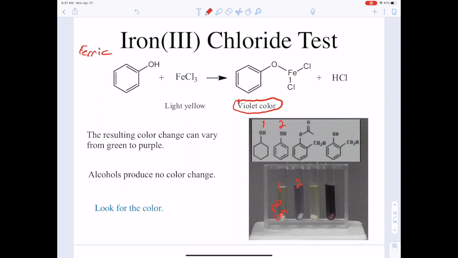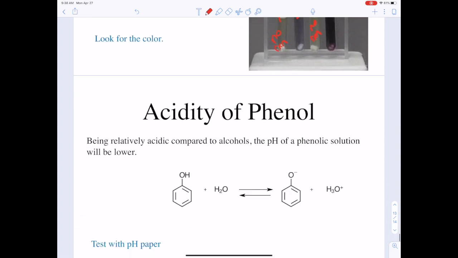It's become bluish, violet kind of color. In 3, there's no reaction. There is no phenol in that compound. And in 4, you can see there's a dark purplish color there. So that's a positive test for a phenol.